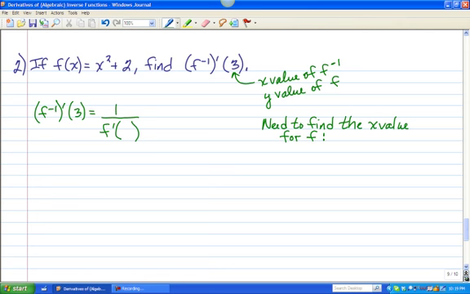So we can use the fact that the y value is 3 and set the original function equal to it, and we find that x equals 1.